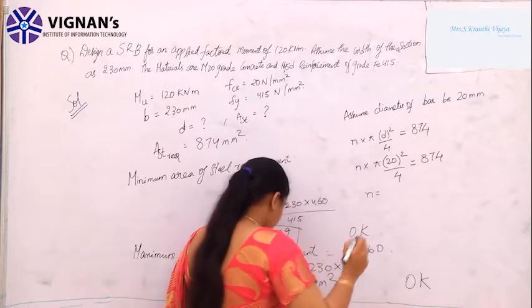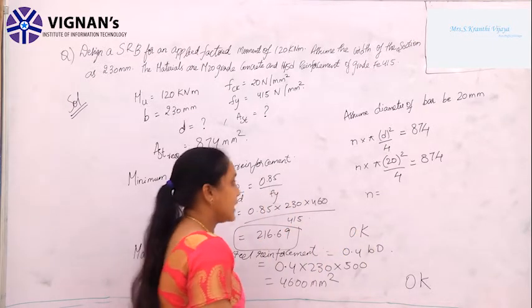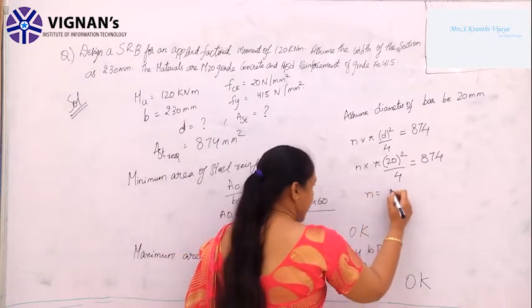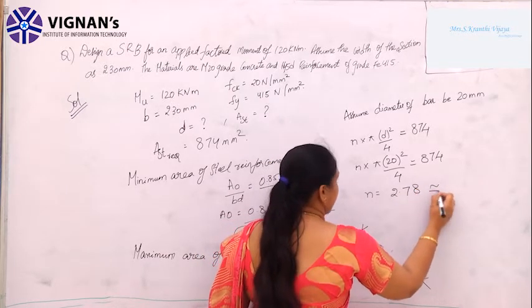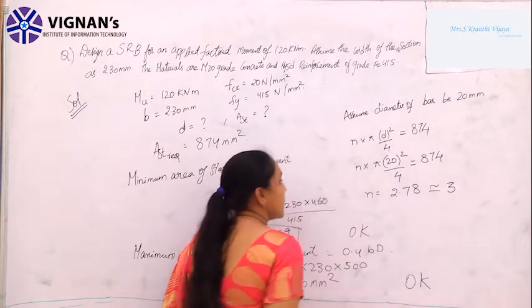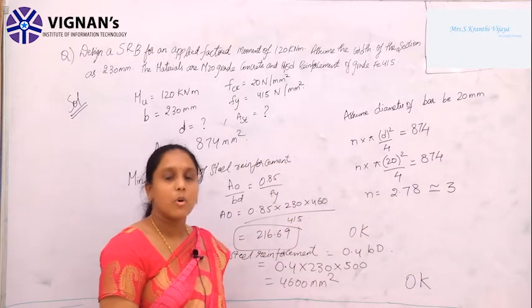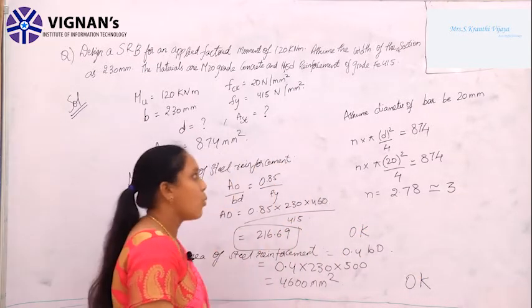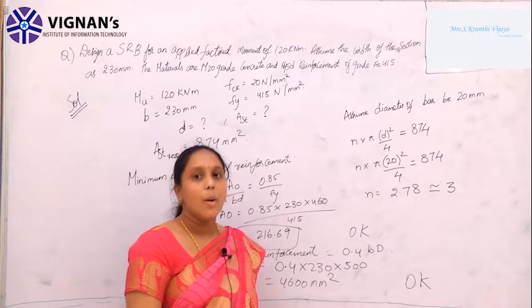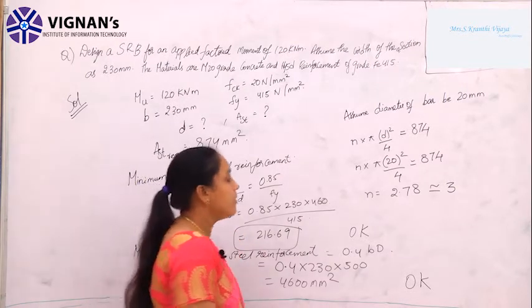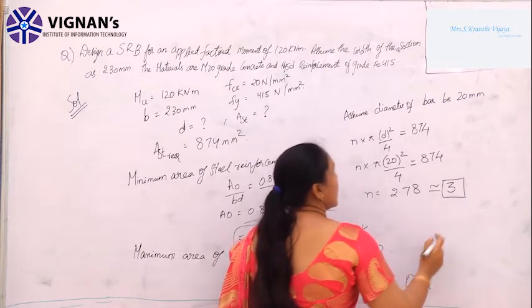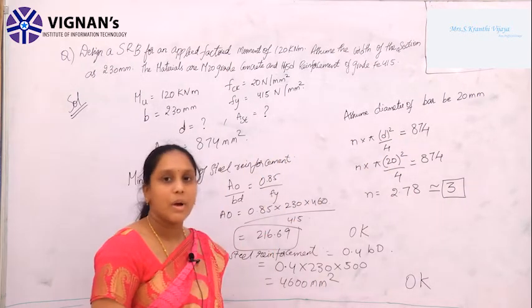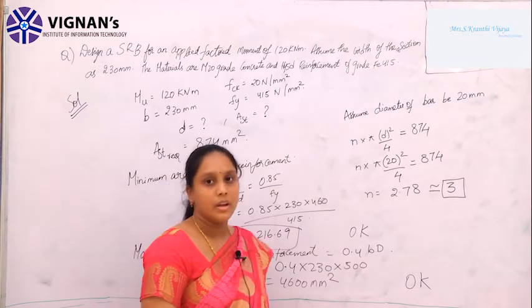So from this you can calculate the value of n. The value of n is 2.78. Approximately you can take the number of bars as 3. So you have to provide the number of bars as 3 and the dia of each bar as 20 mm.